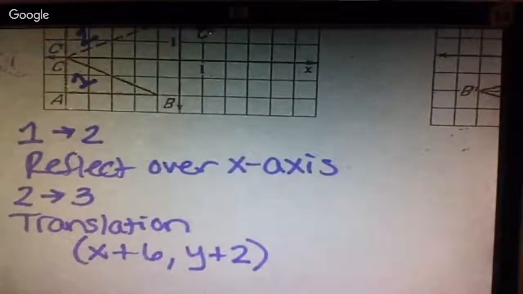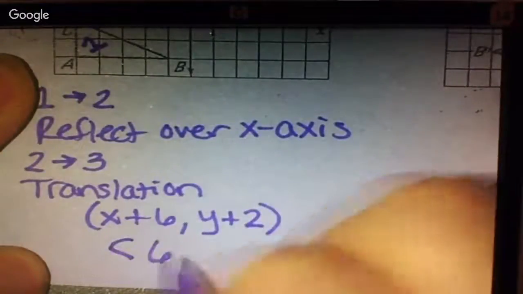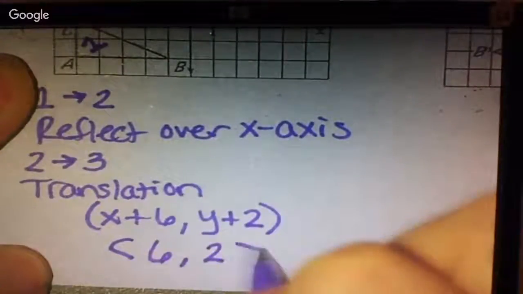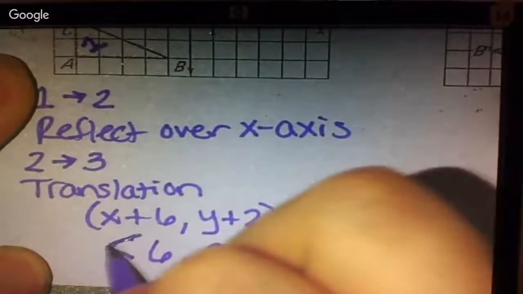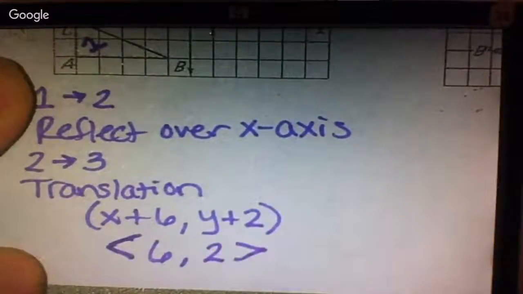Okay. So that should be x plus 6, y plus 2. How can I write that as a vector? You got that sideways V? Comma 2. Perfect. Remember, those two things mean the same thing.